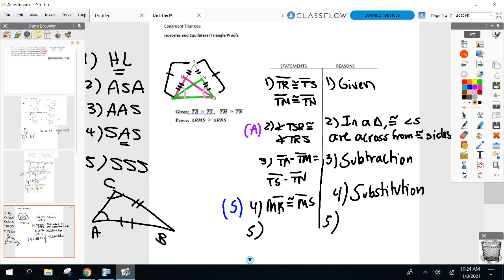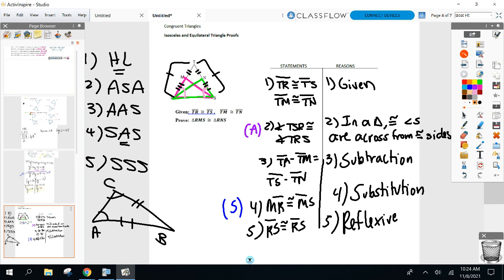Yeah, it's that RS is congruent to RS. They both share RS, don't they? Perfect. Great job, Luke. RS is congruent to itself. Reflexive. Perfect.